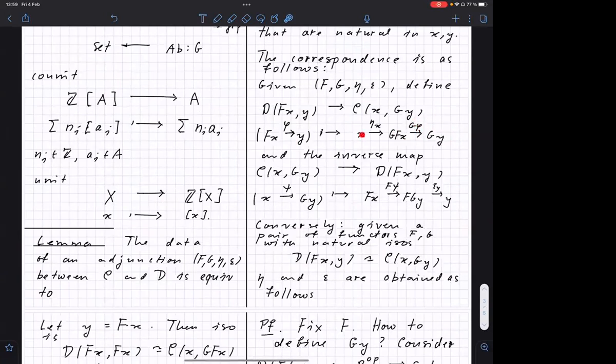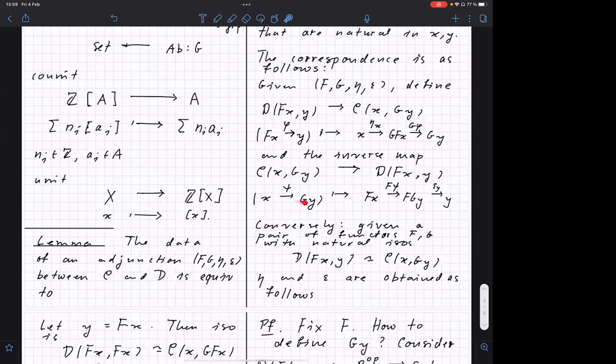Then I can precompose that with the unit evaluated on X, which I already have, and the total composite will be a map from X to GY. So that gives a map from the set of maps from FX to Y to the set of maps from X to GY. And the inverse map, I claim, is given as follows. Given a map from X to GY, call it c.